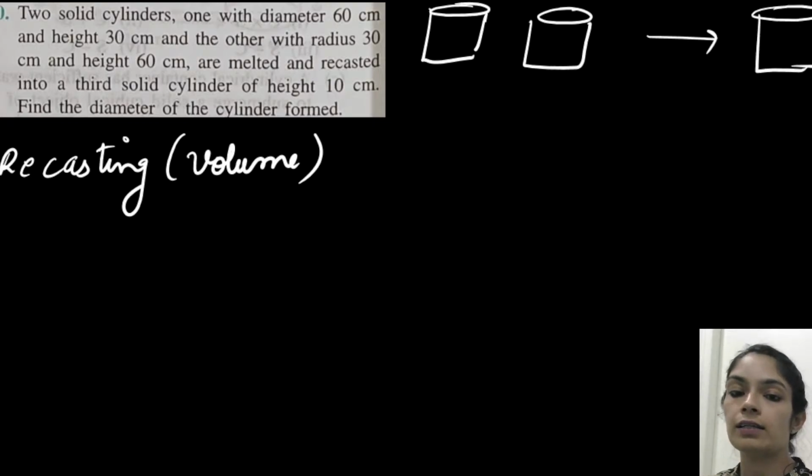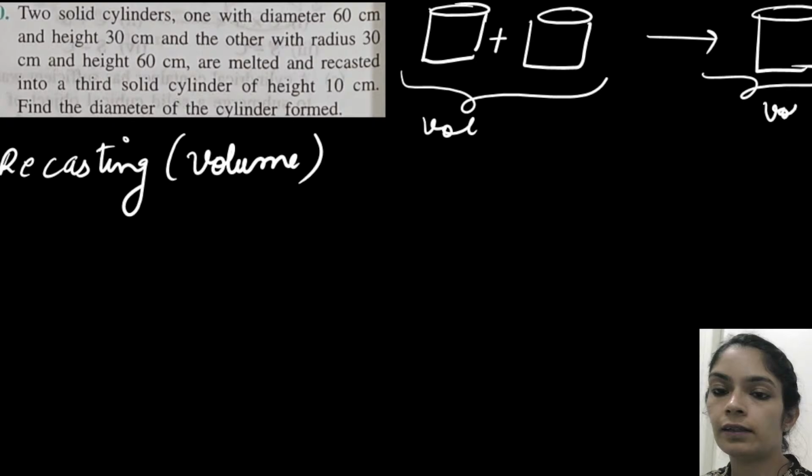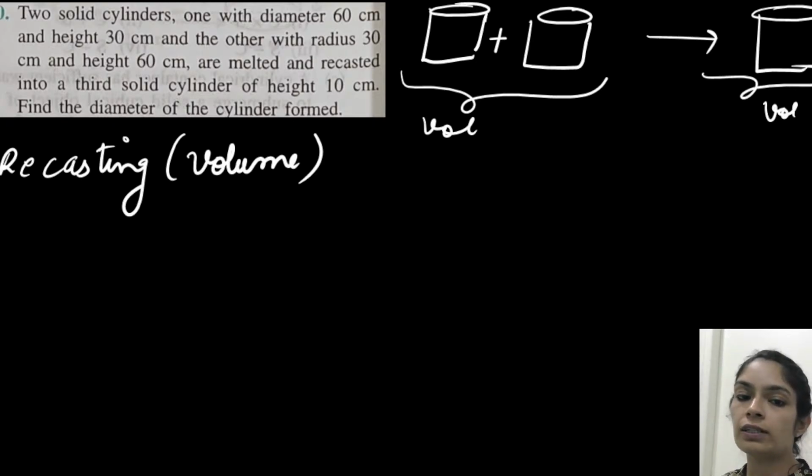Here, two smaller cylinders are melted and recasted into a bigger cylinder. So the volume of these two equals the volume of the resultant cylinder. We will make use of this concept to find the unknown thing.